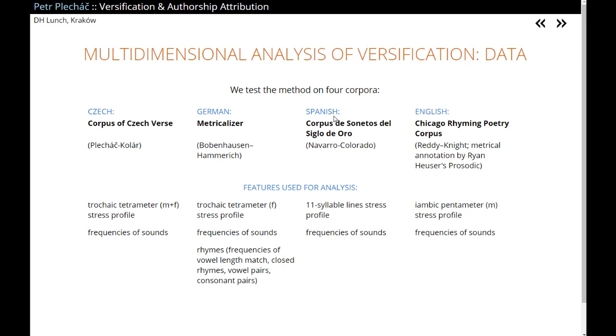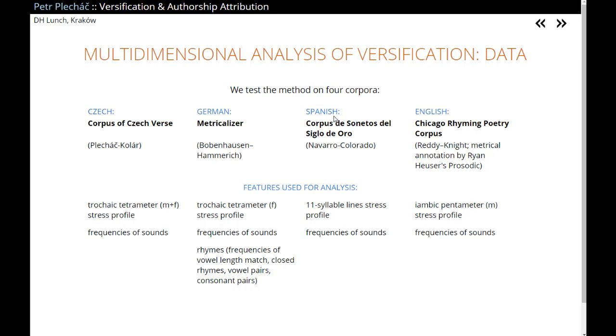For instance, in this masculine trochaic tetrameter, which is 7-syllable long line, you simply count the frequencies of stress on first syllable in a sample, on second syllable, and so on and so on. So when you're dealing with masculine and feminine tetrameters, you are having 7 and 8, giving 15 values characterizing each samples.